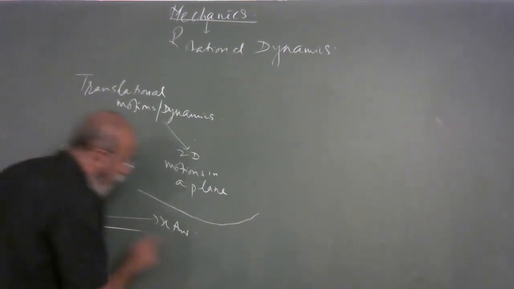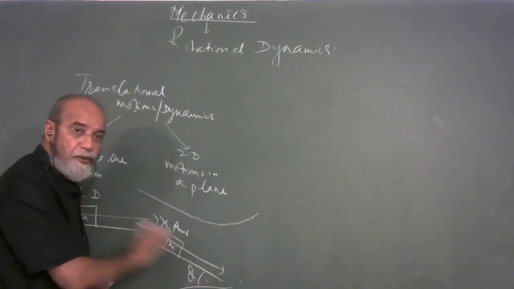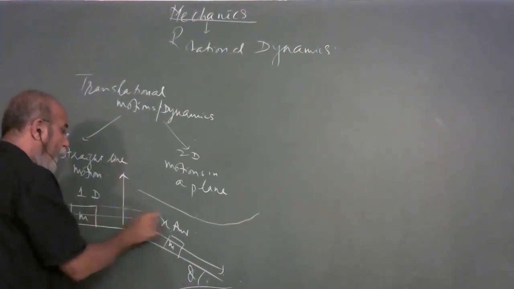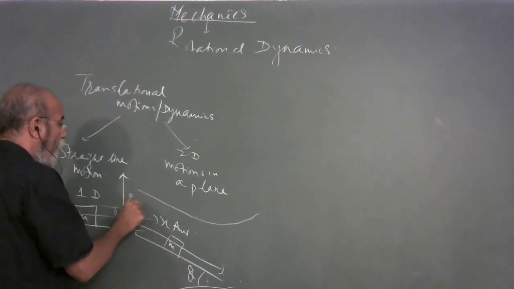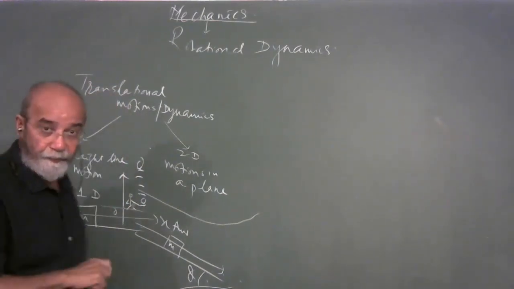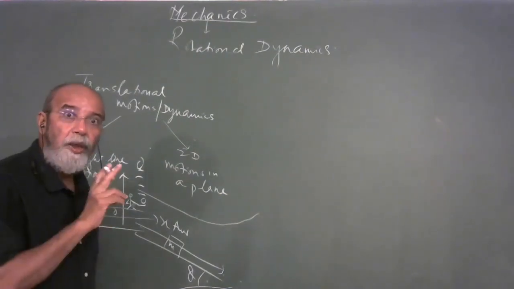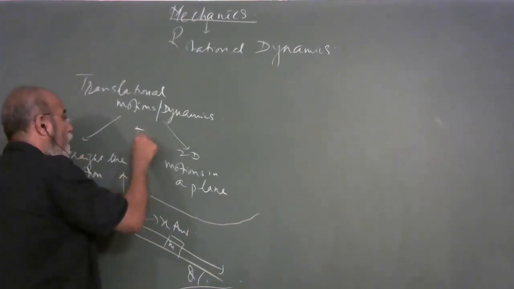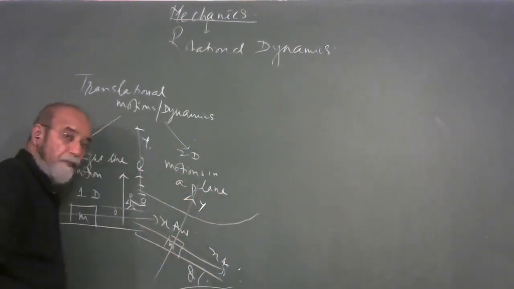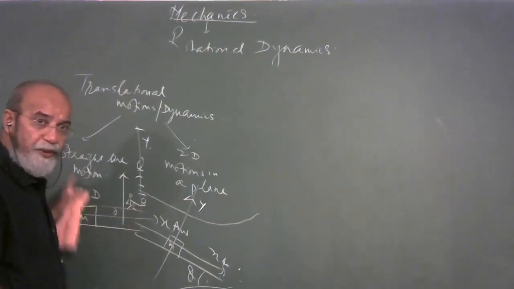Could be on an inclined plane, could be in the vertical plane, but straight line. One axis. Restricted. 1D motion.